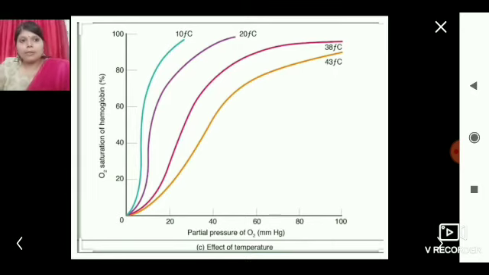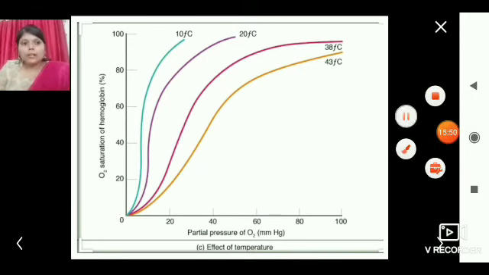Next is the temperature graph. Here the effects of temperature are shown, where the graph is tilting towards the right-hand side. The normal one could be between 20 and 30 degrees Celsius. You would find that at 10 degrees it is completely shifted towards the right-hand side, and at 43 degrees Celsius it is completely shifted towards the left-hand side.